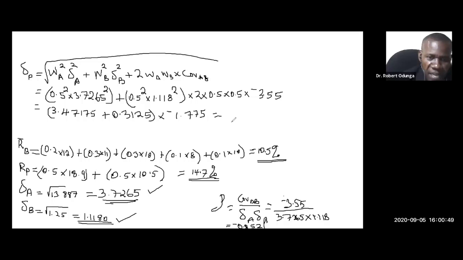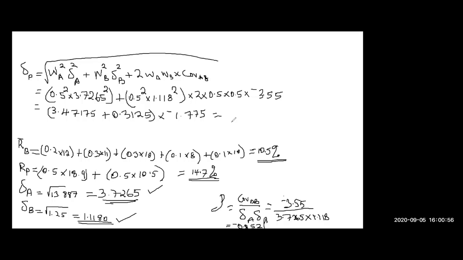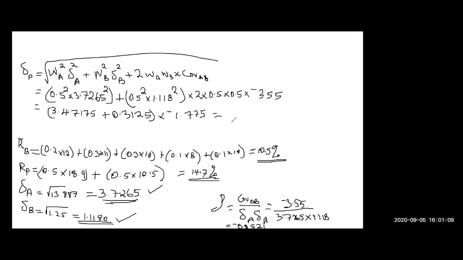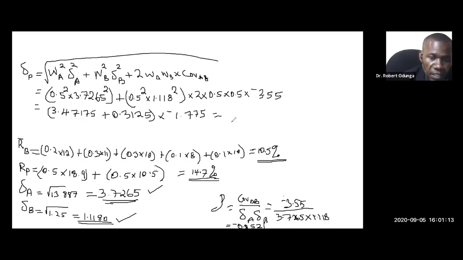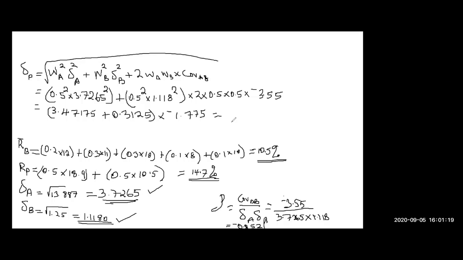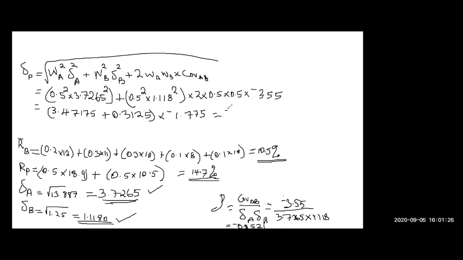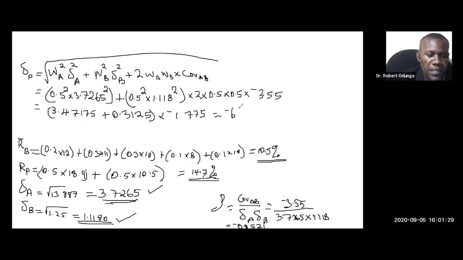So when you add the two and multiply by that, 3.47175 plus 0.3125 will give you 3.78425, times negative 1.775, which would give us negative 6.7170.